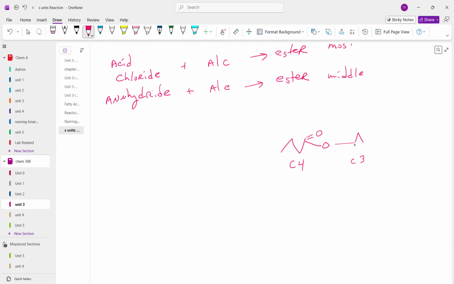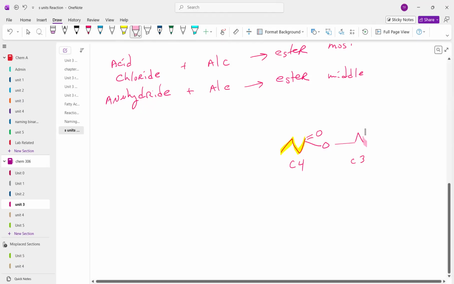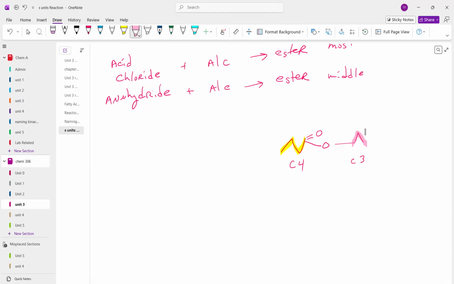So you've got a secondary and primary backbone. The primary is going to be the acid side. The secondary is going to be the alcohol side. So we need a 4 carbon acid base and a 3 carbon alcohol to get this ester.